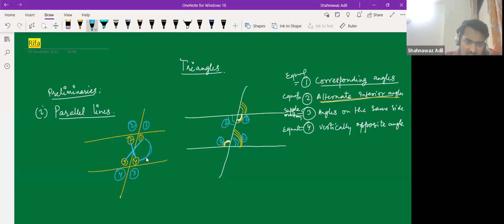These 4 and 1 are interior angles on the same side of the transversal. This one and this one are corresponding angles. So these are the specific angles in parallel lines. Do you recall all these angles? Yes. Is it clear, Rifa? Yeah.